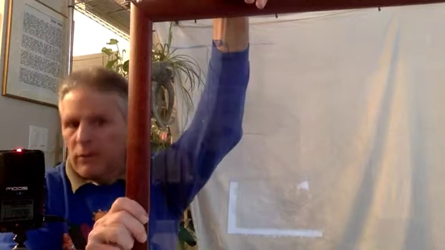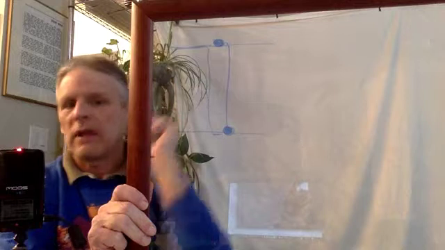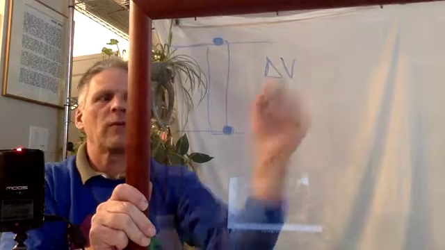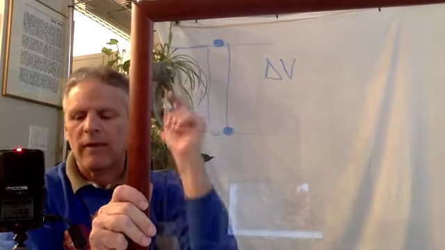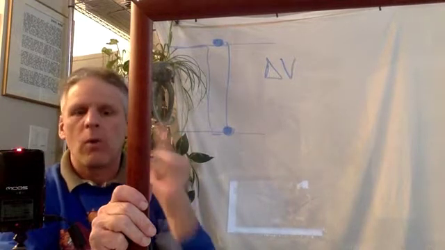Here's where electric potential differs, because remember the electric potential is this, once again I'm writing it in terms of V, delta V, that is the electric potential energy per charge. All right, what's the key here?